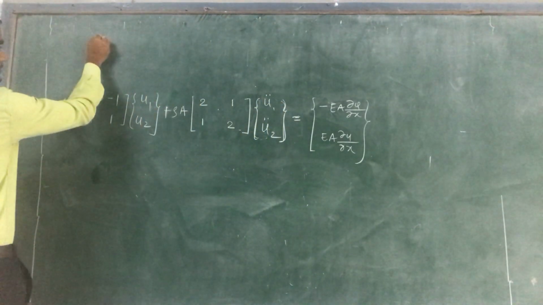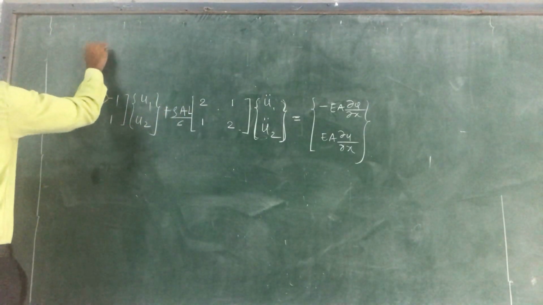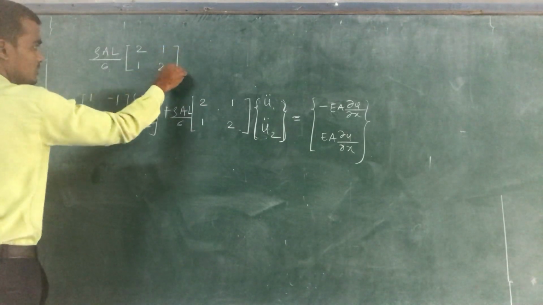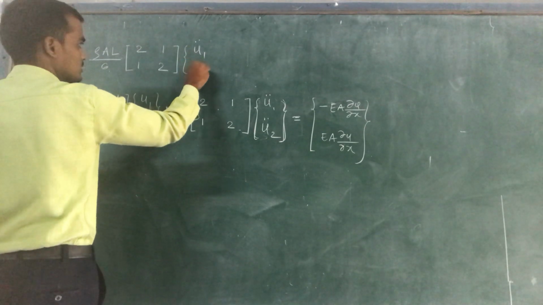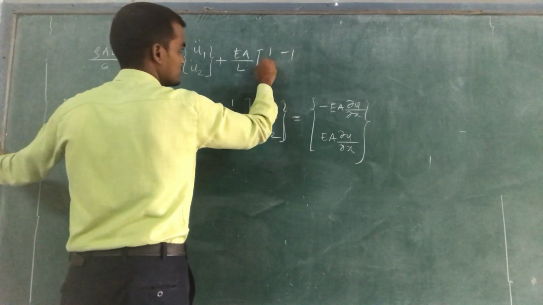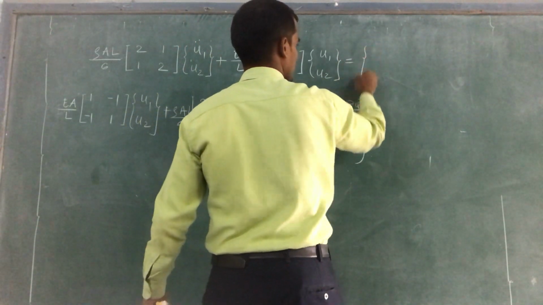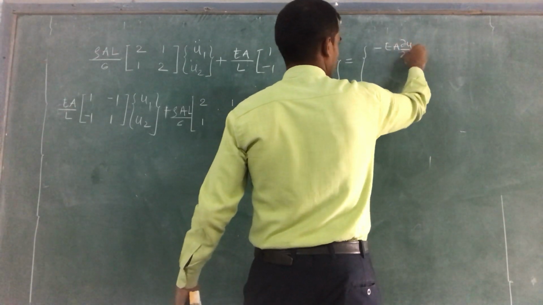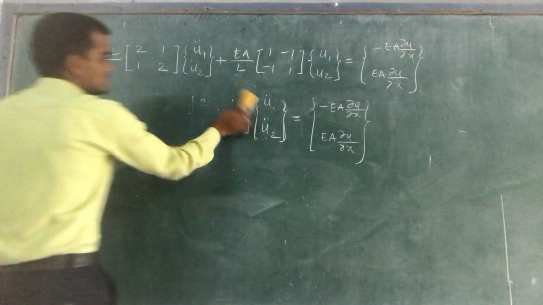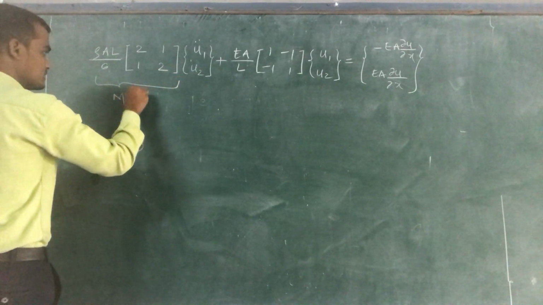Okay, so if we write this down as rho A into L divided by 6 in bracket 2, 1, 1, 2 into U1 double dot, U2 double dot, plus EA by L into 1, minus 1, into U1, U2, is equal to this, minus EA dou U by dou X and EA dou U by dou X. So this is your elemental mass matrix.